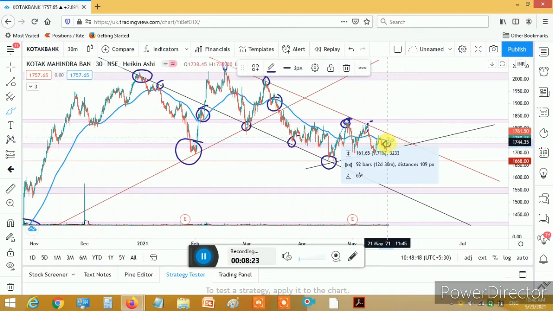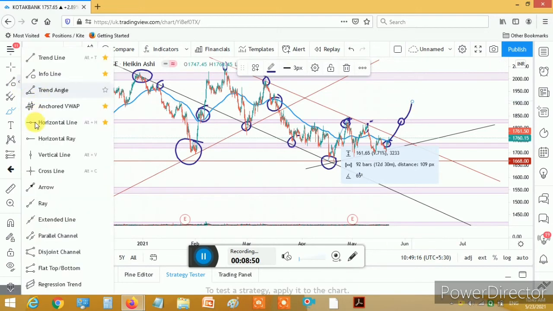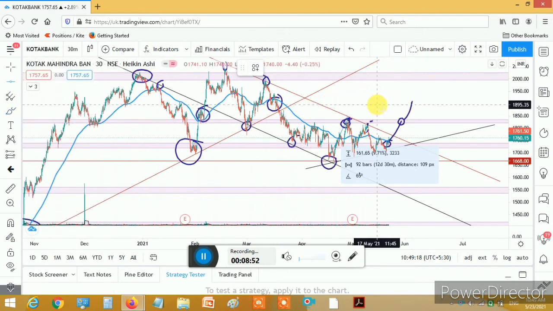So either there is a chance to break this line, and this point gives us the first target. Right now it is around 1746, and the T1 target we are going to achieve is around 1831. If it is broken again, then there is a secondary target approximately at this resistance level.